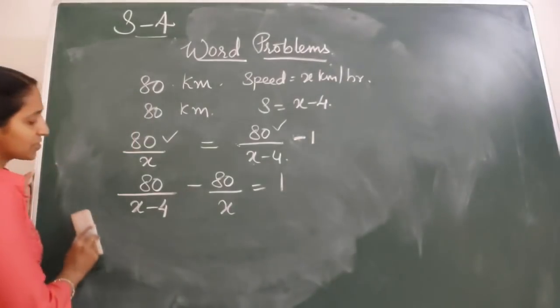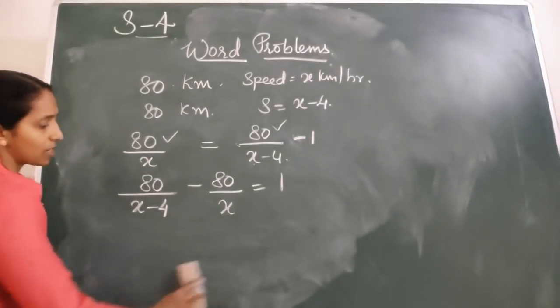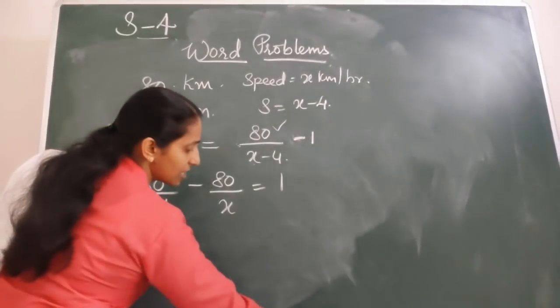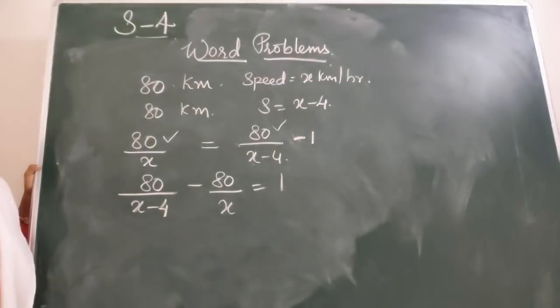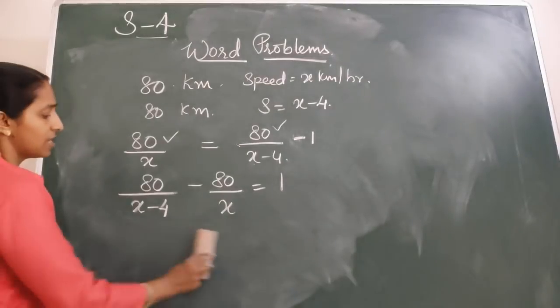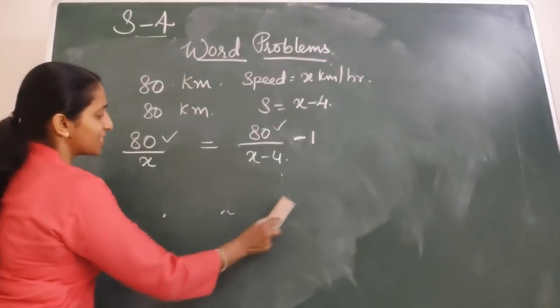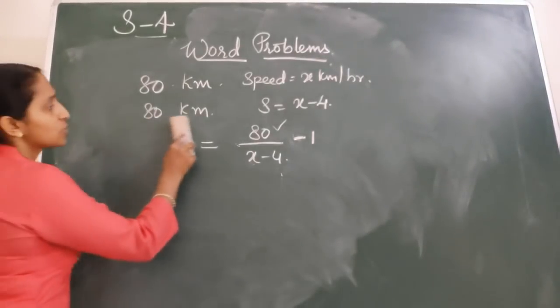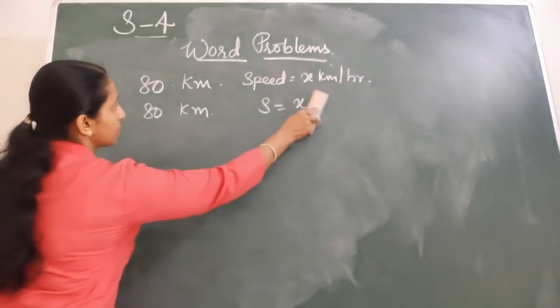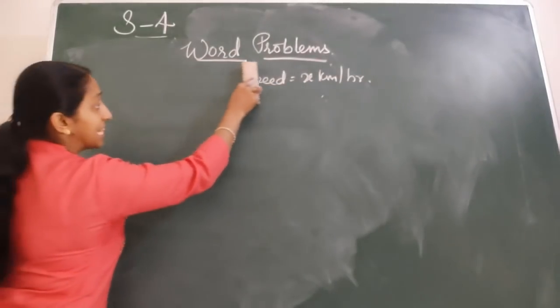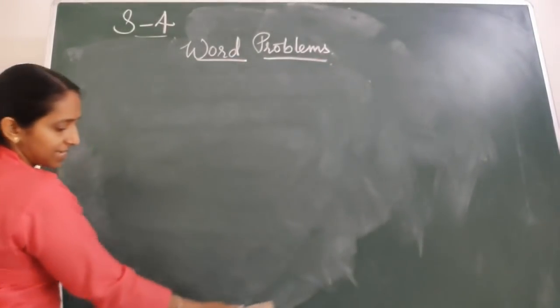So this is the last concept related with the quadratic equation. There will be one question in the board examination too, a quadratic equation word problem, a 3 marks or 4 marks question. Most of the students face problems connecting it. So what do you have to do? Read the question several times.